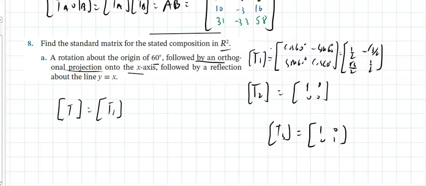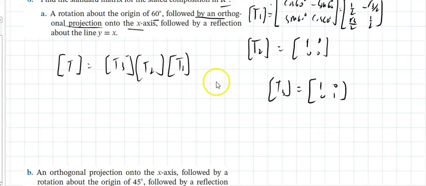Transformation 1, you apply first, then you apply transformation 2, then you apply transformation 3. So basically, you're going to have to really put those in order.